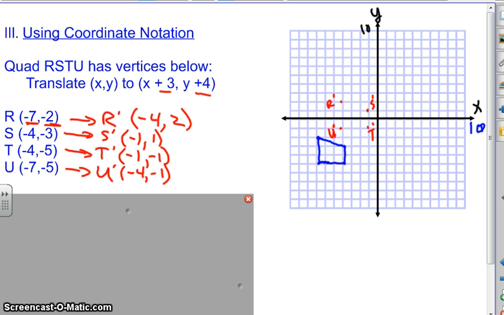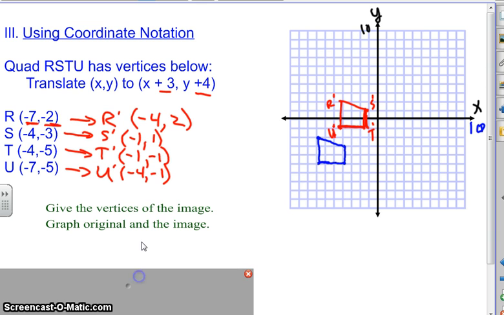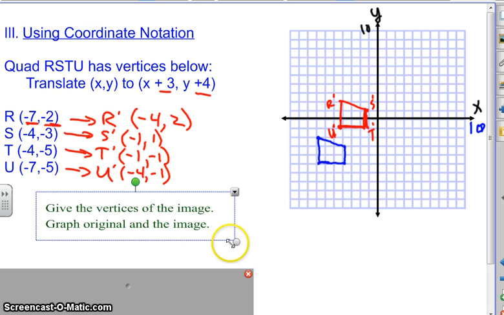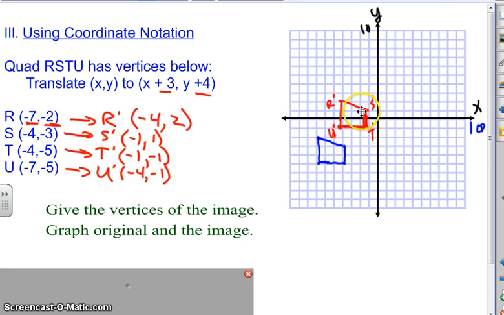Because the vertices moved, right? But of course, all the points in between the vertices moved these same distances. If you wanted, you could do that mathematically, but I'm sure nobody wants to do that mathematically. It's a lot of work. So we focus on the vertices. Give the vertices of the image the new mapping, and then graph that. And there you go.